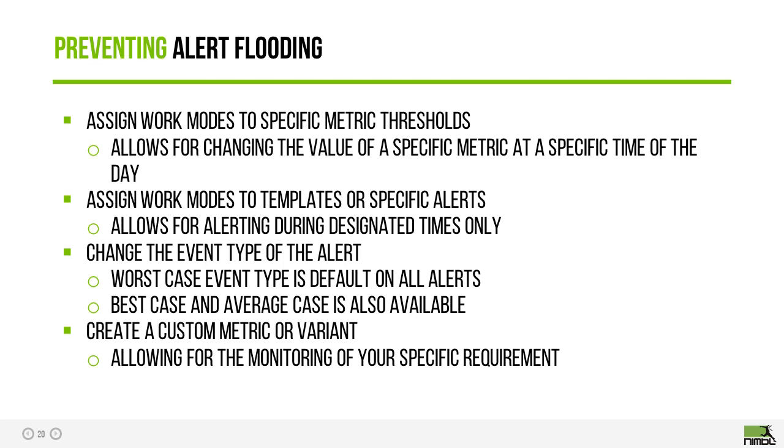well, if you change it to best case, it would take all of the metrics going to a red threshold in order to get an alert. There's also an average case. That's obvious, right? If you have 3 out of 5 that go red, you're going to get an alert. So changing that event type can be critical as well to refining alerts and eliminating false alarms.